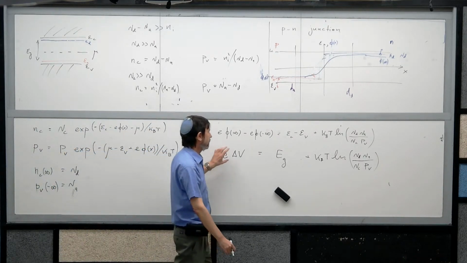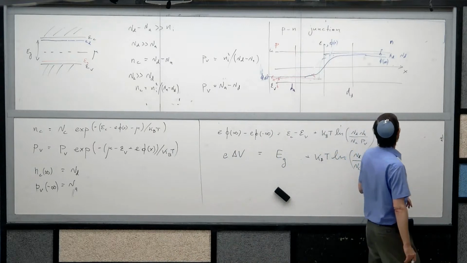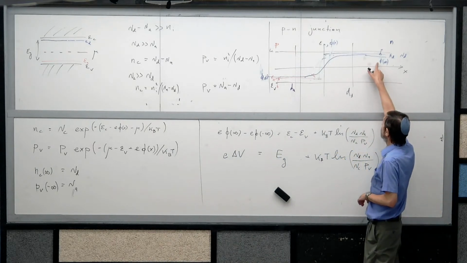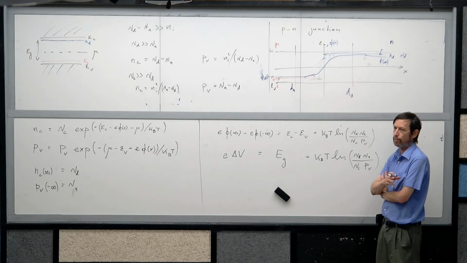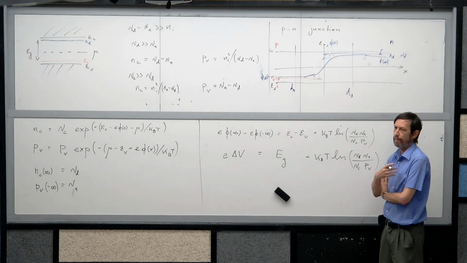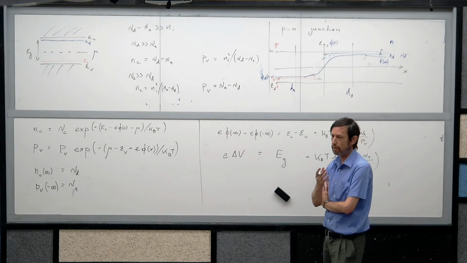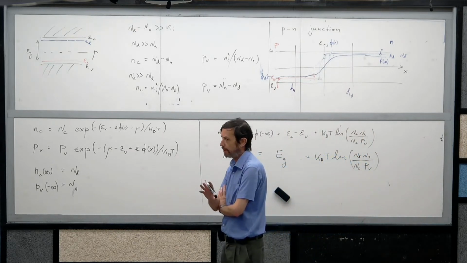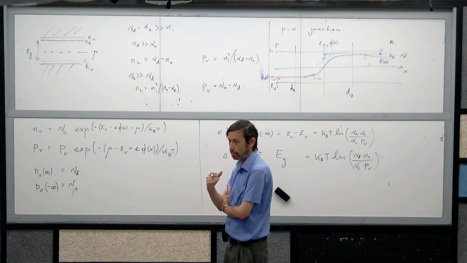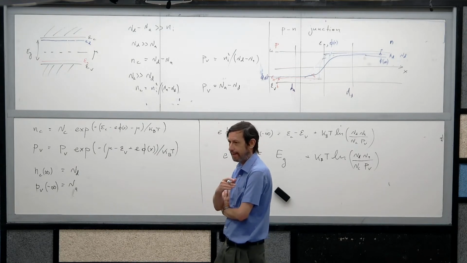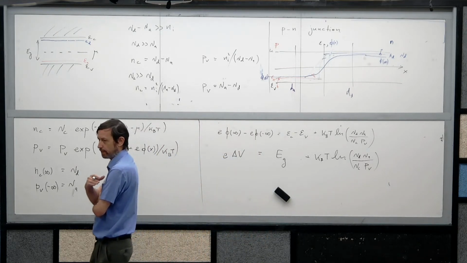Now, some people, instead of plotting phi in this game, prefer to say I have a mu which depends on location. I find that confusing and not a good language, because mu should be a global parameter of the system.